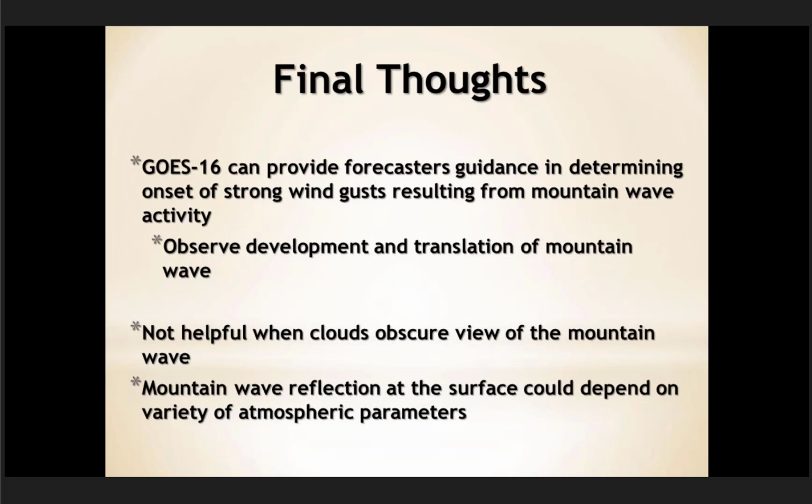And oftentimes, mountain wave reflection at the surface could depend on a number of atmospheric features. So it may not be a one-to-one correlation, but perhaps in the future we can at least hit one or two more events with better timing of these stronger wind gusts and help out our commerce customers as well as LIDOT in general. I think with that, I'll take some questions.